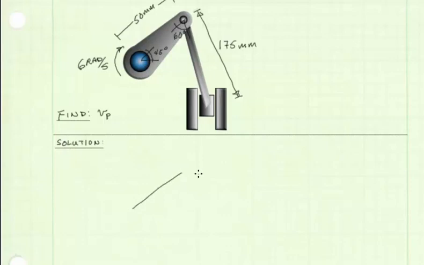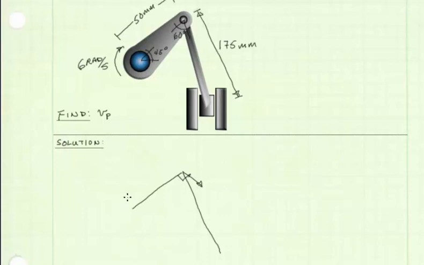If this is our crankshaft arm, and there's the bar arm, we know that the velocity on the crankshaft arm is going to go perpendicular to the crankshaft at an angle of 90 degrees.